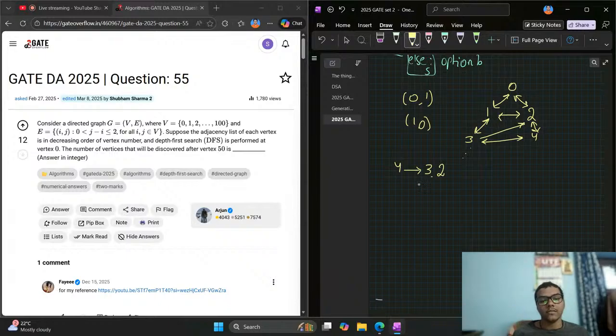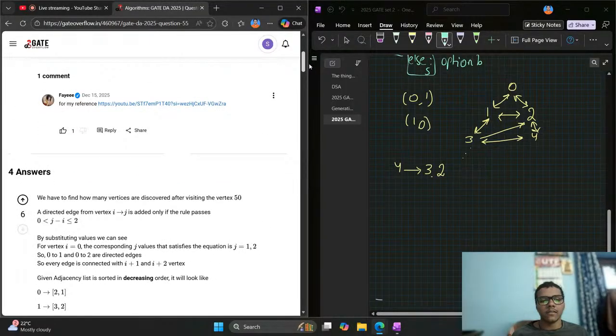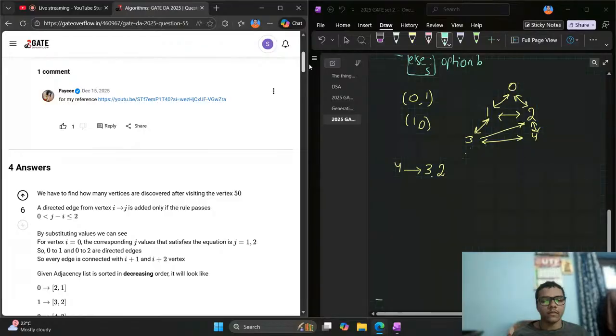The number of vertices that will be discovered after vertex 50. How are you going to do this? Depth first search, alright. So if you start from 0, it will go to 1, 3. There is no need of backtracking. Yeah, for every edge, i plus 1 and i plus 2 vertex.